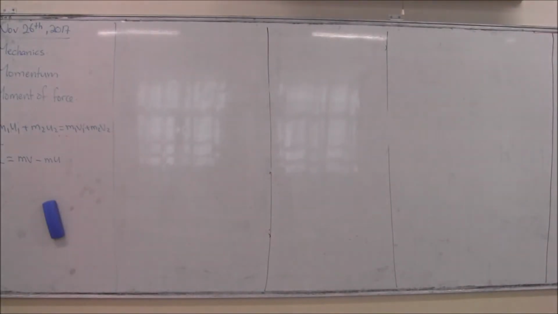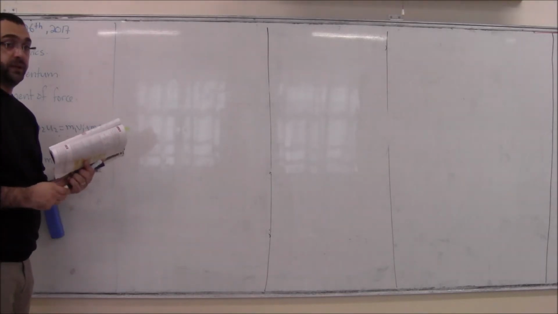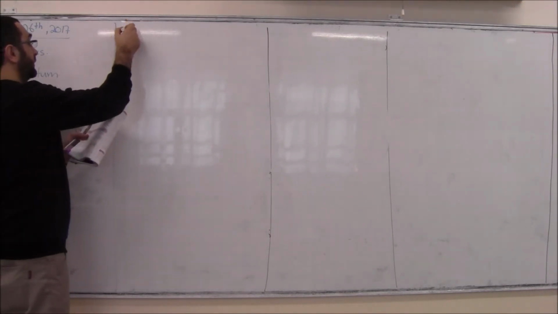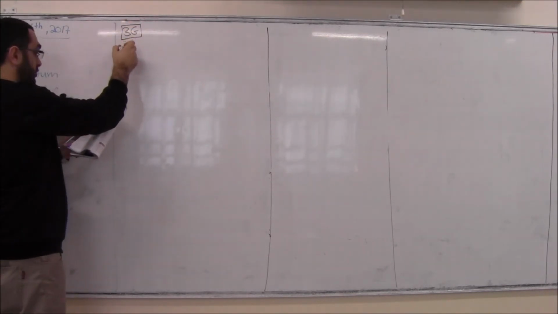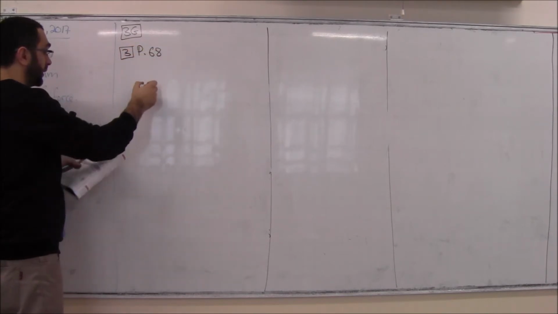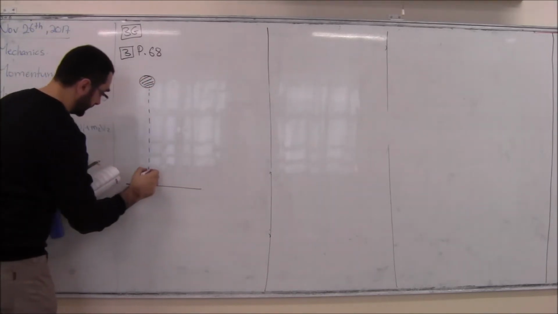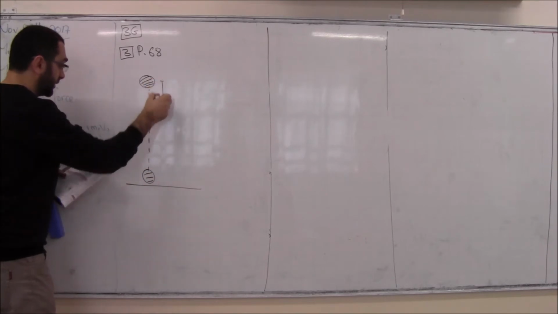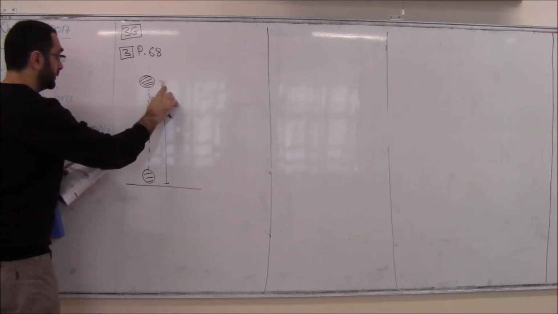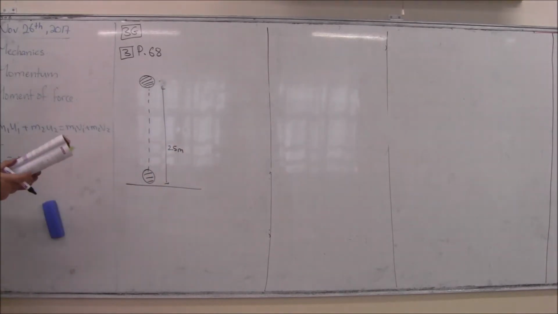Look at this question. Question 3, page 68. A ball of mass 0.2 kilograms is dropped from height 2.5 meters above the horizontal ground.